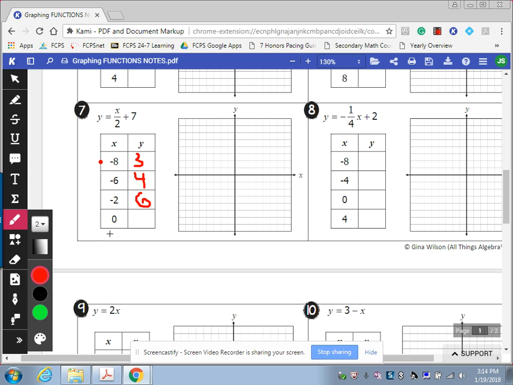Okay, and last but certainly not least, 0 plus 7 is just going to be 7. Okay, so now we need to plot these. We need to graph these. So (-8, 3). 1, 2, 3 is going to be right here. Okay, let's make that a little bigger.